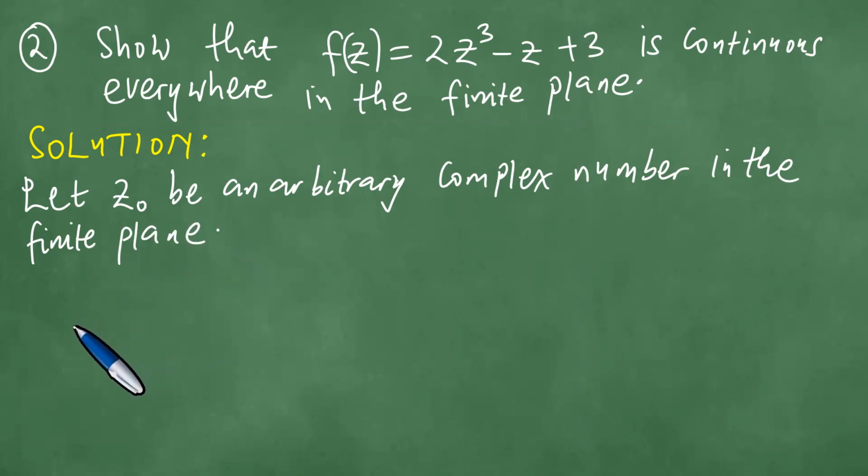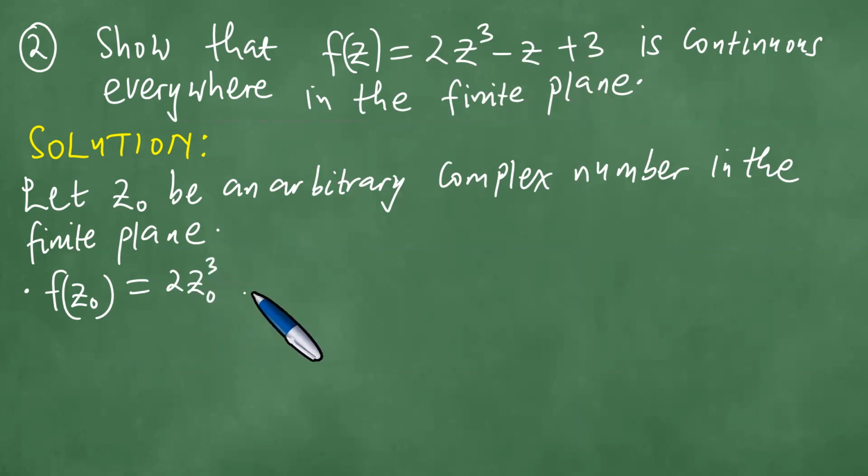The first thing here is to say f of z0. We plug it into this equation, which is 2 z naught cubed minus z naught plus 3. This one is defined.